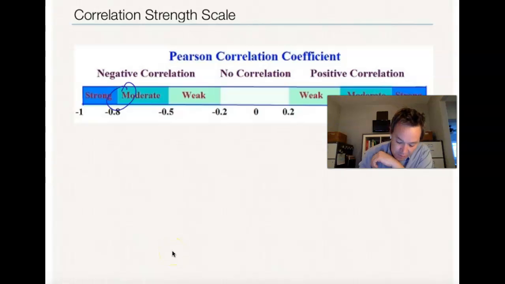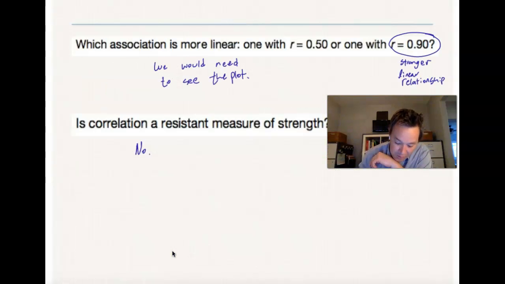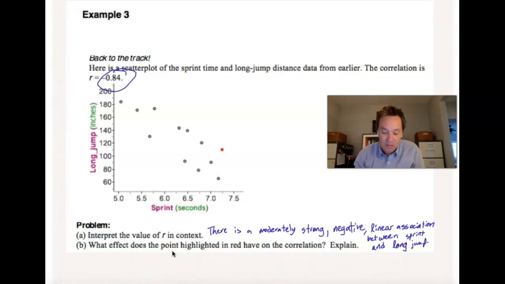Now, in terms of what that red point is doing to the correlation, what you want to think about is if you were to draw a line of best fit, how does that point in particular, and right now we're just eyeballing the line of best fit, we'll have a much more mathematical way to come up with a line of best fit soon. Is that point close to that line or is it far away? If it's close to that line, then it's strengthening the correlation.